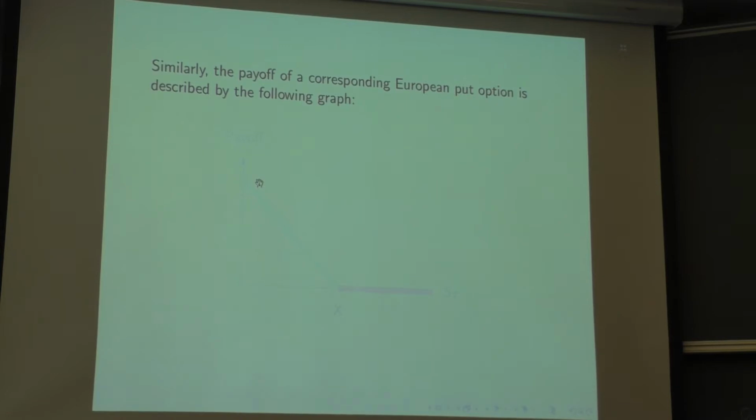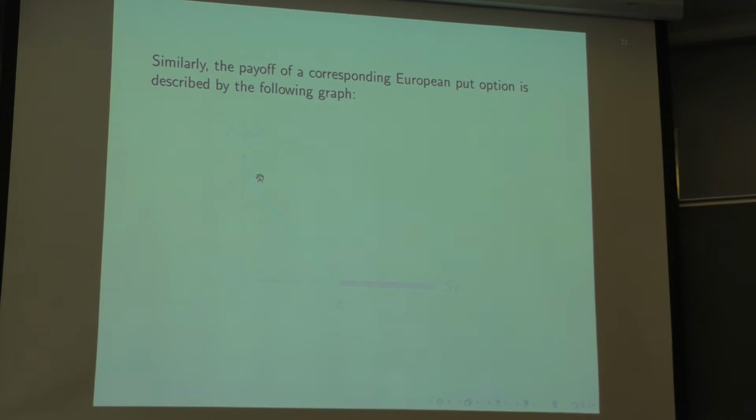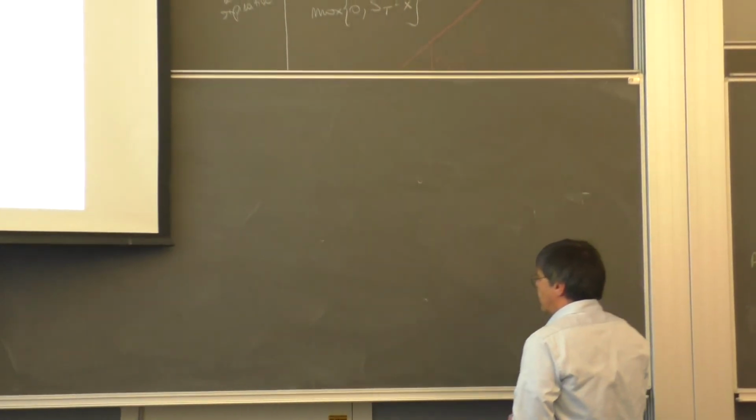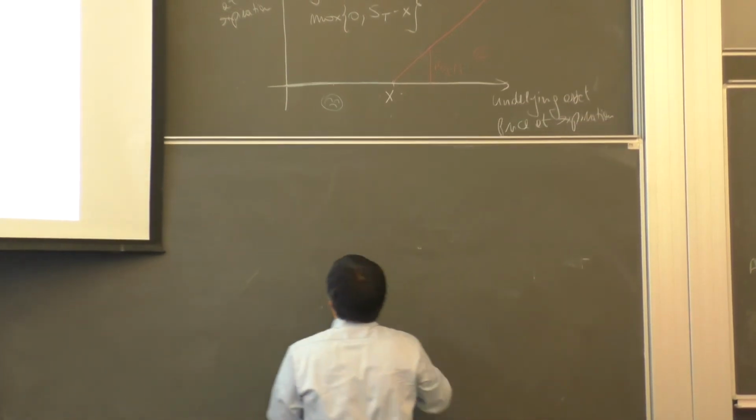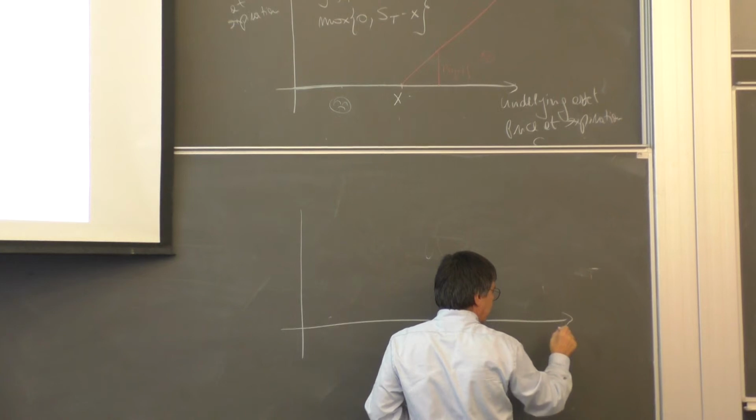Now let's have a look at a European put option. So what happens with European put options? Well, something similar. So I agree to sell something at the strike price of X. I agree to do so at expiration. Let's observe. So now I'm going to be more succinct.